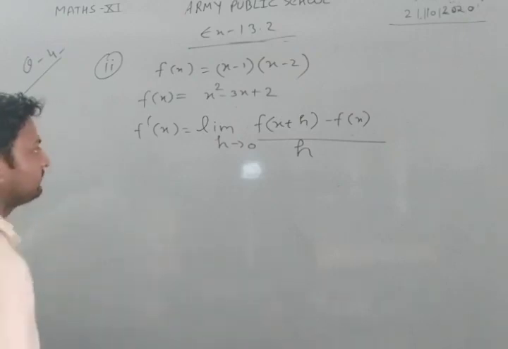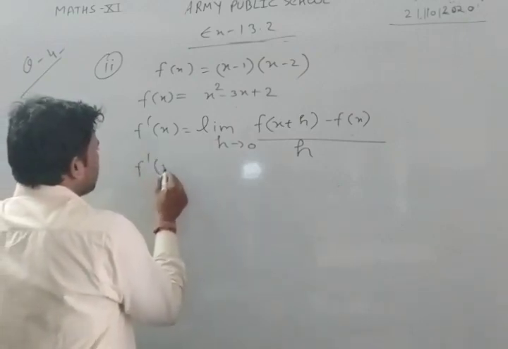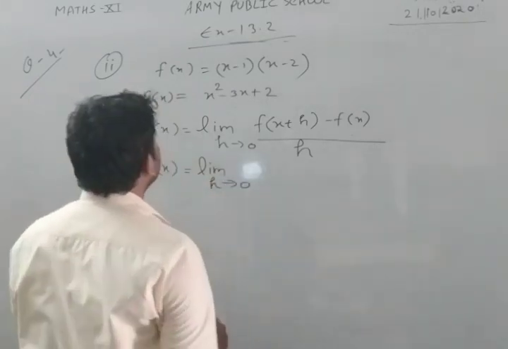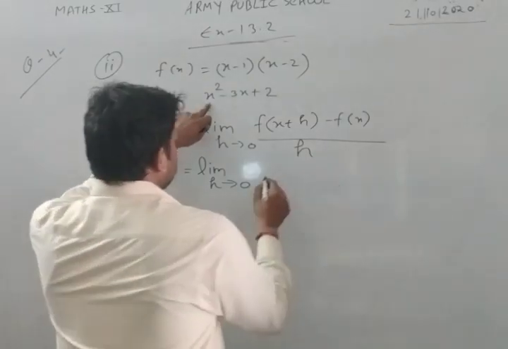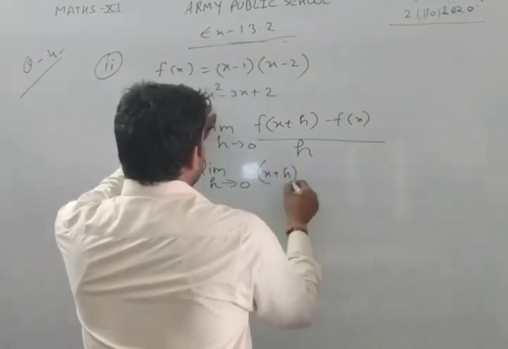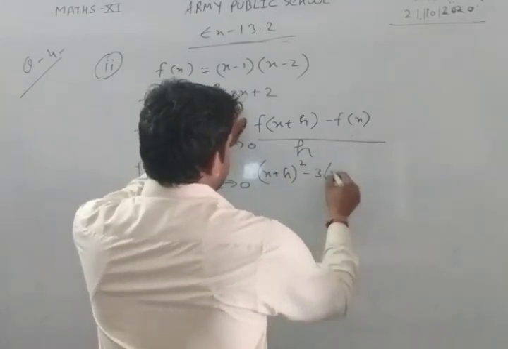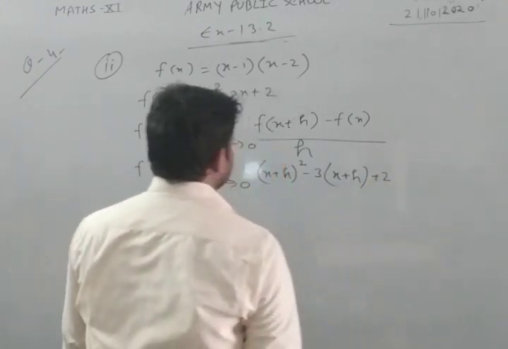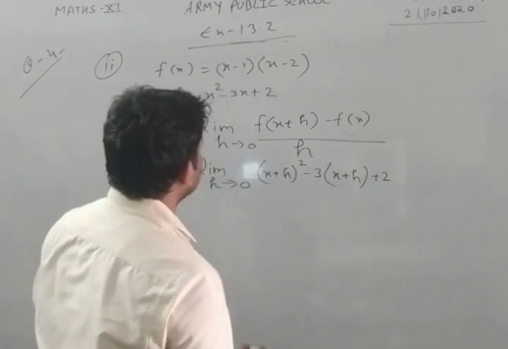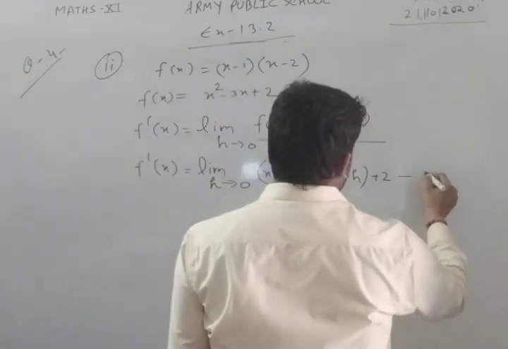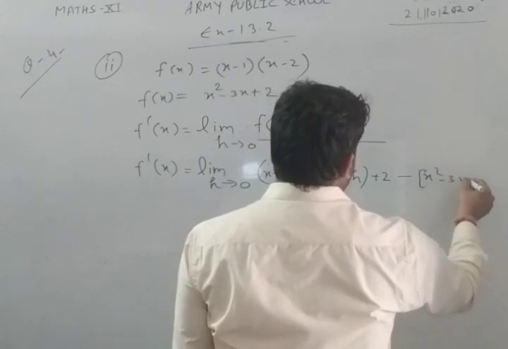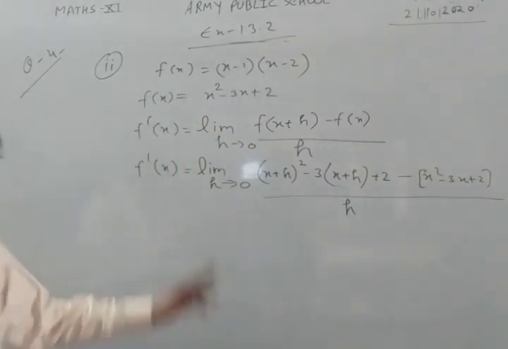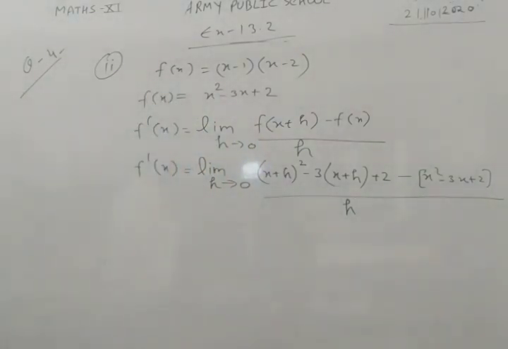Okay, now f dash x is equal to limit h tends to 0 fx plus h is x plus h whole square minus 3 x plus h plus 2, and this is fx, which is x square minus 3x plus 2 divided by h. So the function will be this after changing.